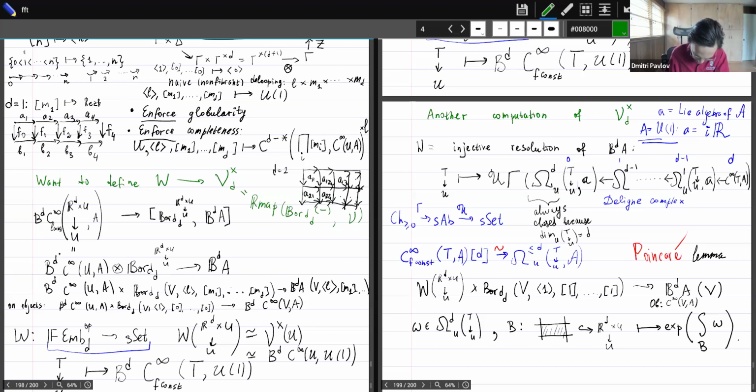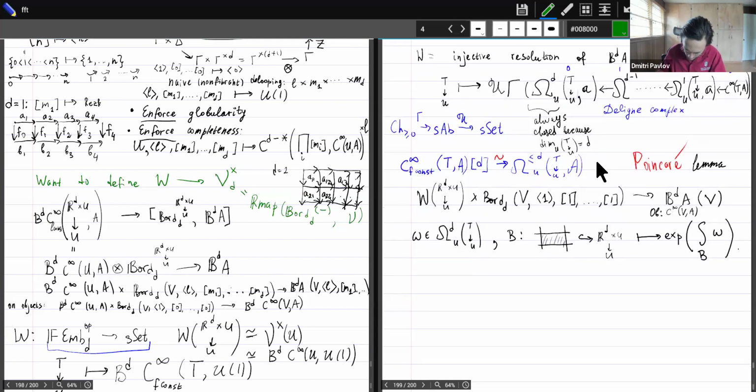I guess I skipped too many steps here. So let me actually write it down properly here.